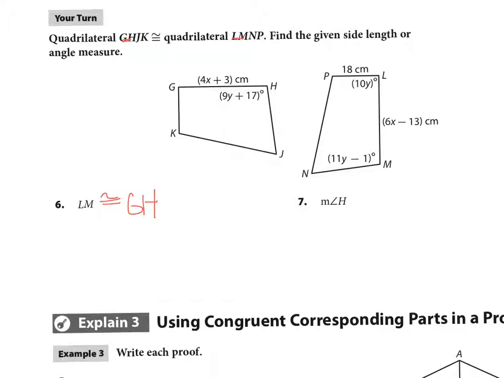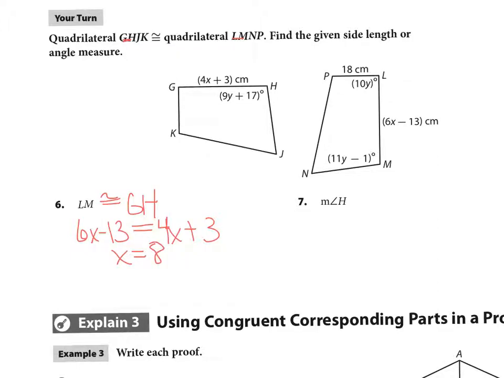LM is 6x minus 13, and we can just write an equal sign there because we're doing an equation. And GH is 4x plus 3. And we're just going to solve for x. And when we do, we get x equals 8.